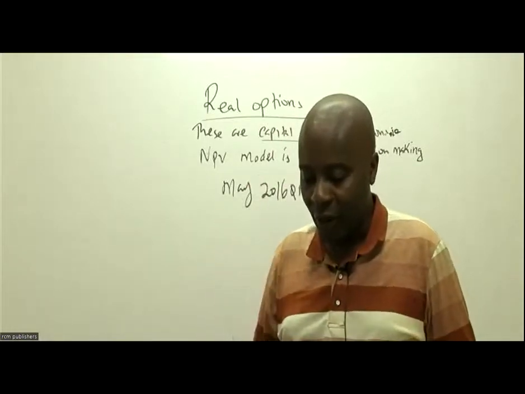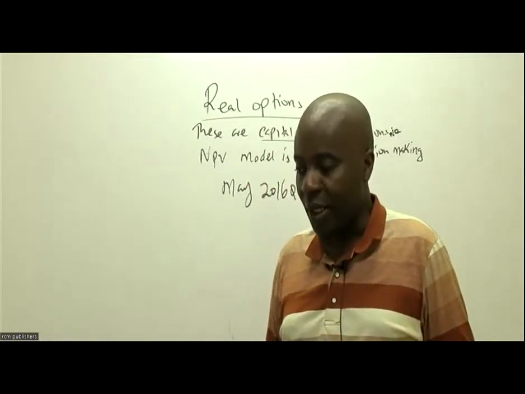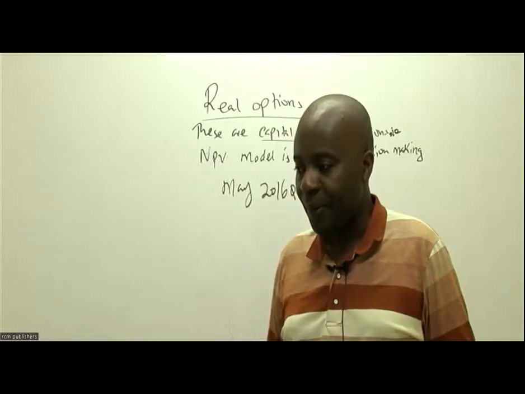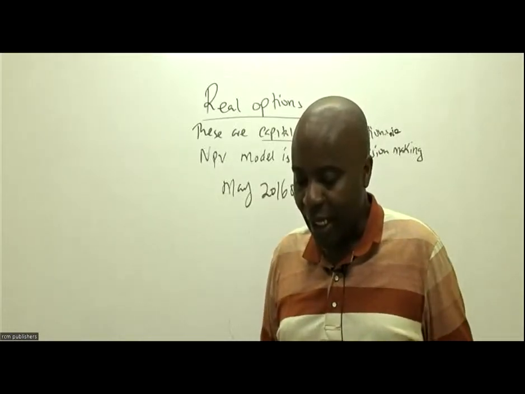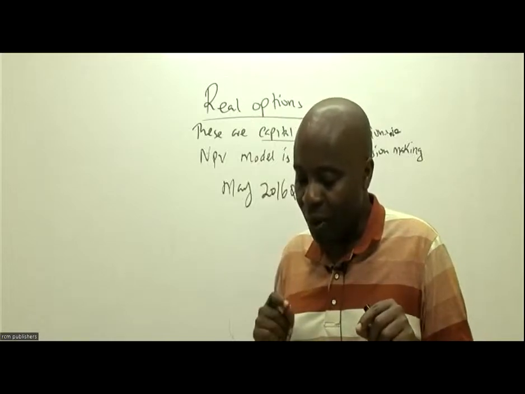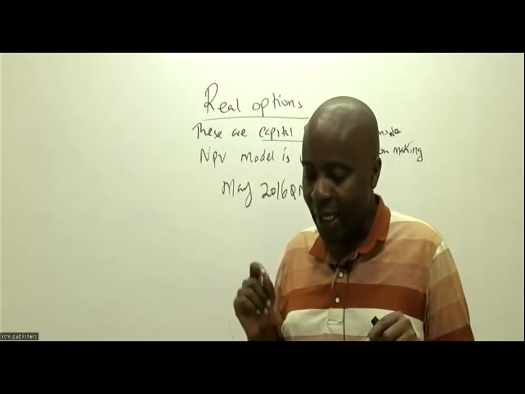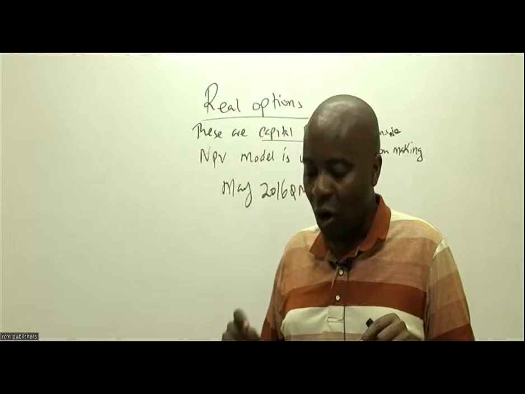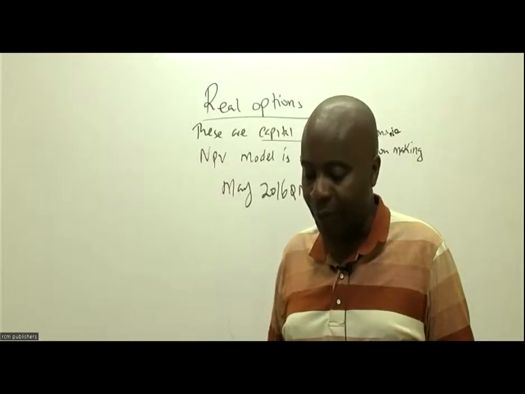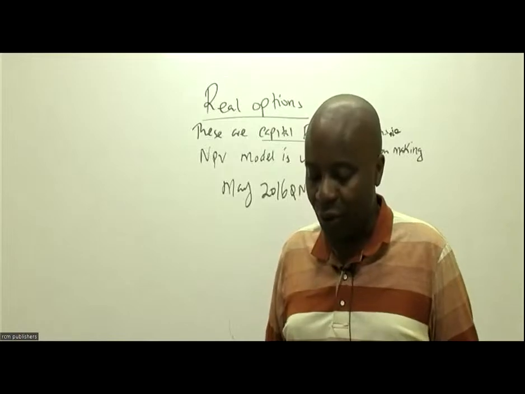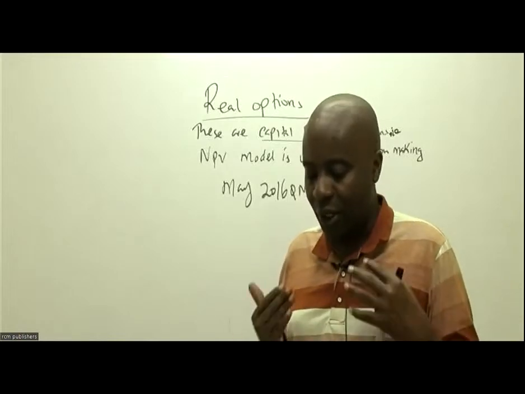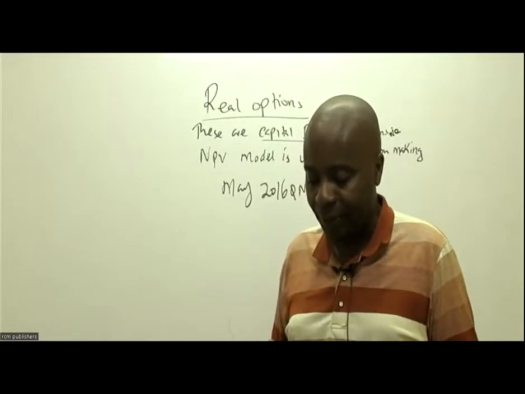So we are told, May 2016, question number 1. Thanks, Steve. We are told Planet Limited is considering undertaking a 20-year project which requires an initial investment of shillings 250 million in a real estate partnership and whose present value of expected cash flows is shillings 254 million.